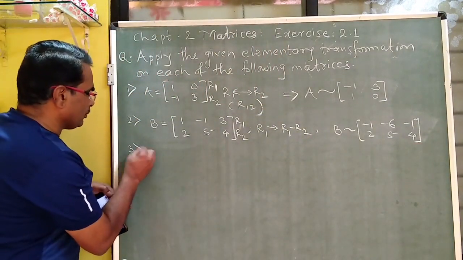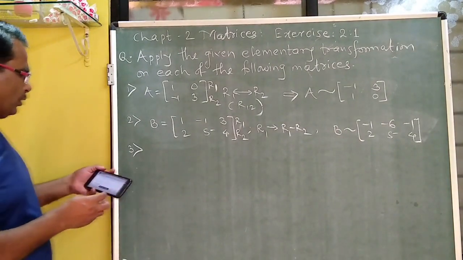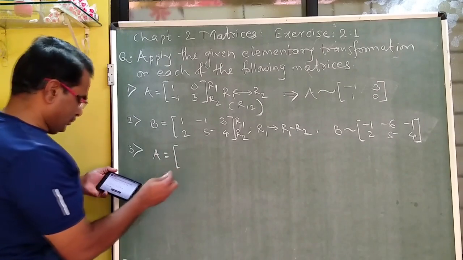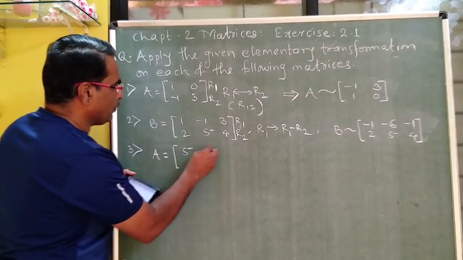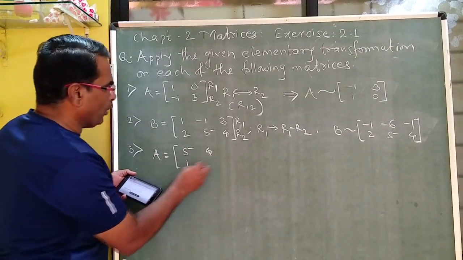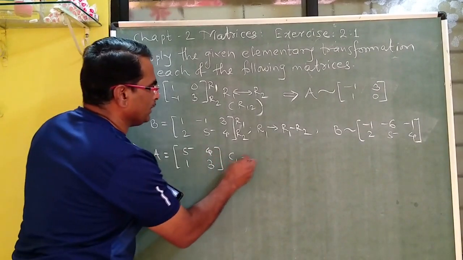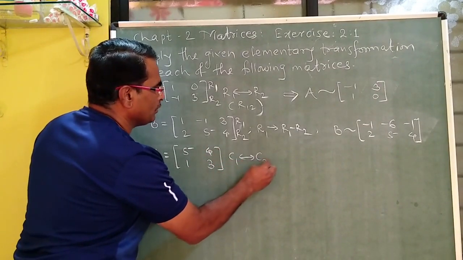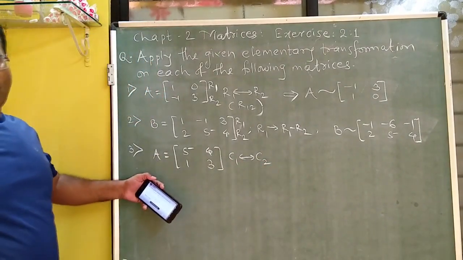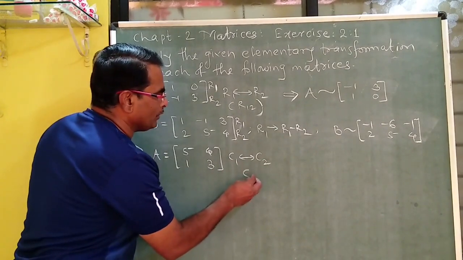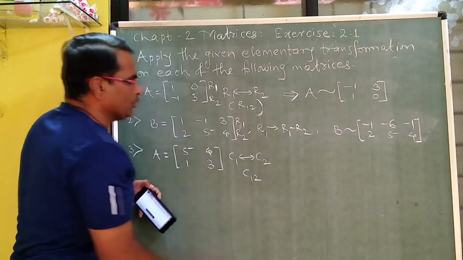Then the third sub question, consisting of A is equal to the matrix 5 4 1 3, and on this we have to apply the transformation interchange columns, first and second column. We know that this is also denoted by C12.